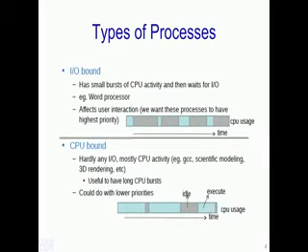So, why is this required? We can take an example. Suppose we are using a word processor such as Notepad or VIM, and we are giving this I/O bound process a very low priority. Now, suppose a user presses a key.